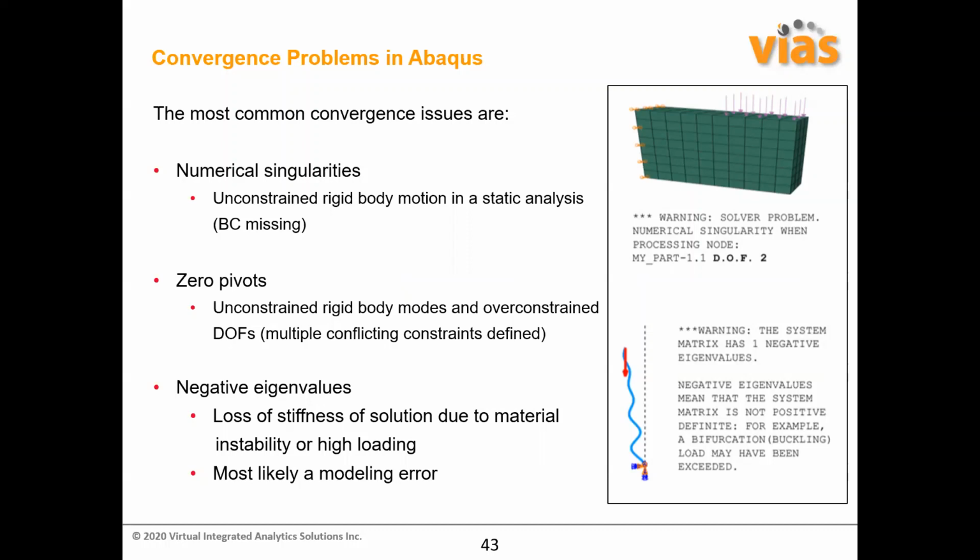And that will lead to the convergence problem. So it will give you this type of warning, and eventually the analysis will exit with an error. You can see from the picture on the right hand side, this is the typical warning that you will be seeing. Zero pivots. So it's unconstrained rigid body modes and over constrained.